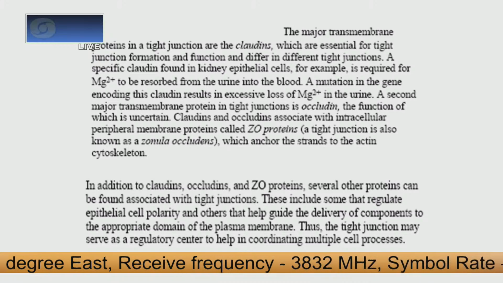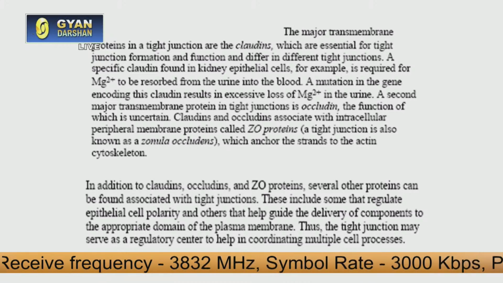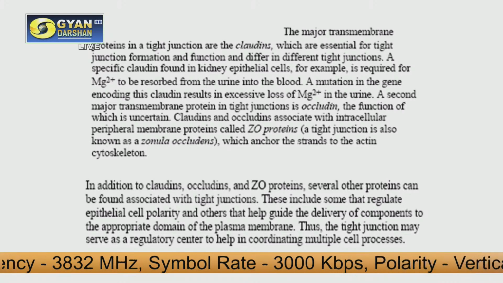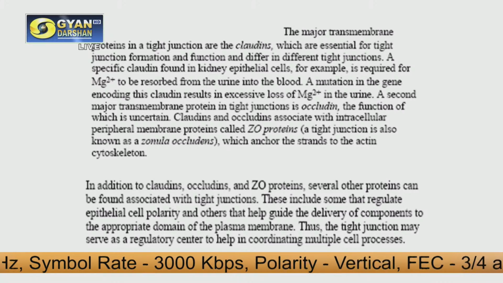It will result in excessive loss of magnesium from the body, which is a wastage, because magnesium is required for so many vital functions in our body. So magnesium is eliminated if the claudin gene is mutated or the claudin protein is non-functional. So that is another very important function of claudin, which is a tight junction protein.